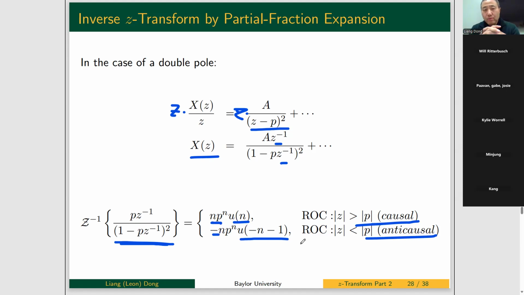Now, I have those dealing with a single pole and a double pole. What about if I have multiple poles, raised to the power 3 or 4? Well, as we said before, the coefficients of my denominator polynomial, a0, a1, all the way to an, are all real numbers.